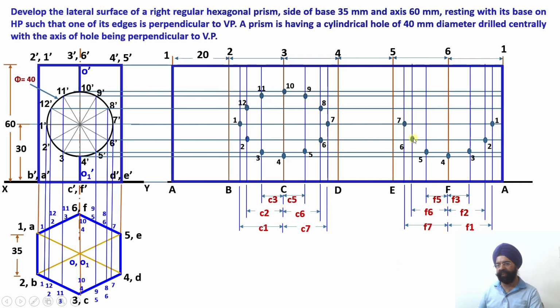6 and 8, they will lie on the same vertical line. So point 8, just see, you draw the horizontal line through 8 dash. So this will intersect the vertical locus of 6 and 8 over here. So point 8 is located here. Similarly, 5 and 9, they will lie on this vertical edge. Where is 9 dash? Over here.